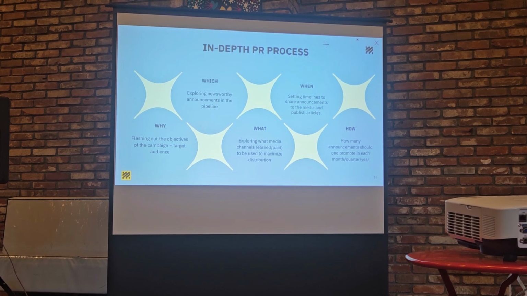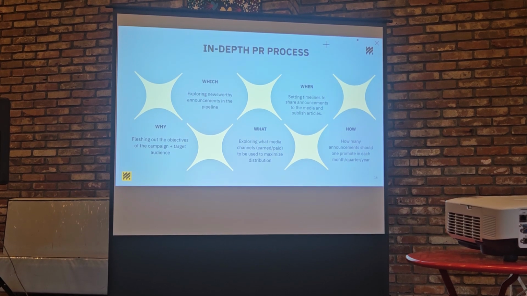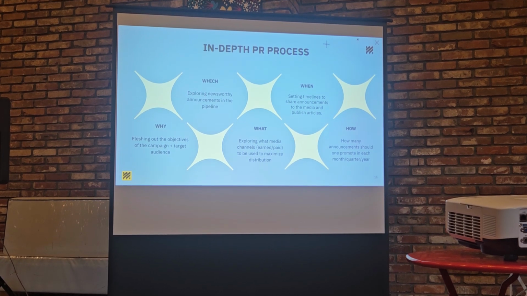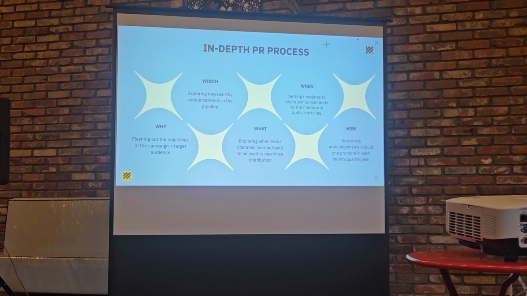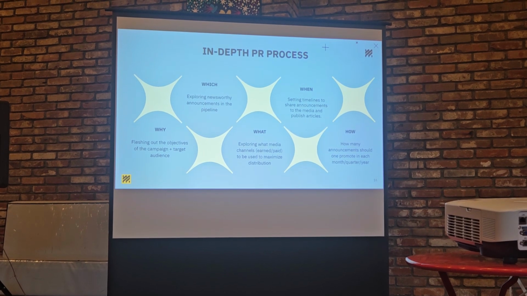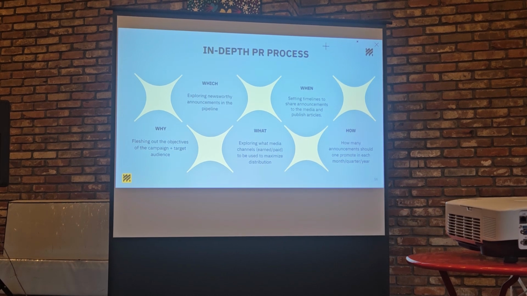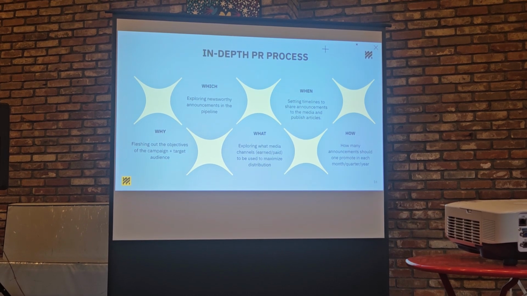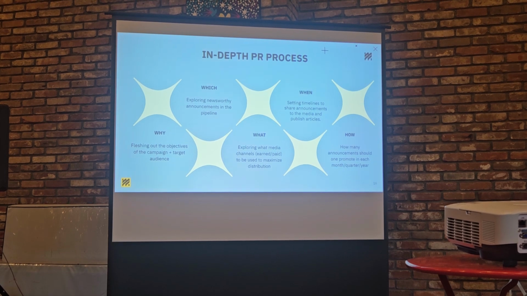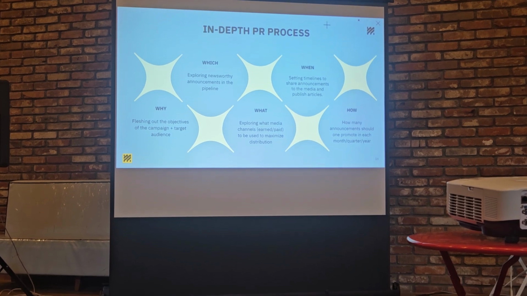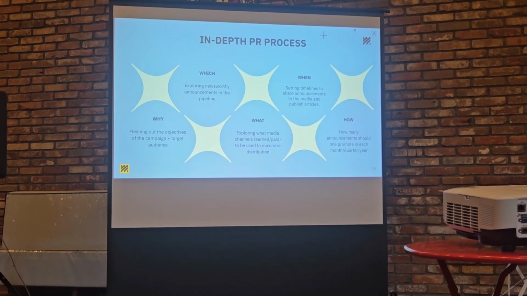Fleshing out the objectives of that campaign and more specifically who you're reaching. The what, which is exploring what media channels, earned and paid, to be used for distribution, and then how. How many announcements should you promote in any given month, quarter, or year? And the more that you're giving advance warning to your internal team on what the narrative is for the entire year, the more obviously you can coordinate with partners across the organization.